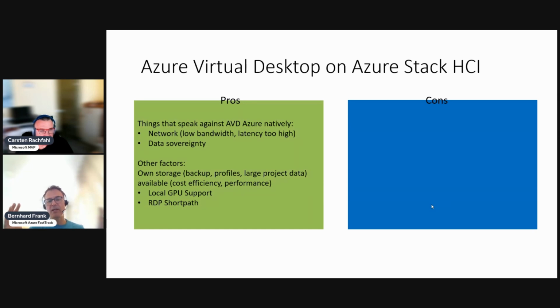Maybe we can make a direct connection in order to save bandwidth and avoid this bypass, and do a direct connection and save latency and get a much better connection experience, right? Especially also if the user is in the same place as the Azure Stack HCI cluster. So if you are on site and the hardware is also on site, that's a nice one.